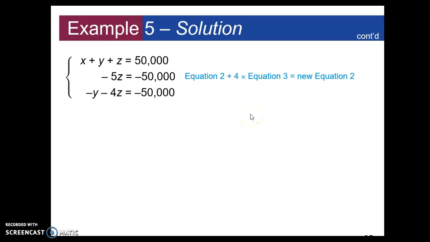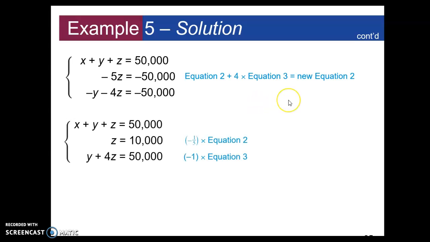Then I just decided, okay, to make this triangular, I'm going to flip-flop equations 2 and 3. And I'm going to simplify them as much as I possibly can. So equation 2, I could divide by -5 on both sides, which is the same as multiplying by -1/5. And that's where I got z is equal to 10,000.